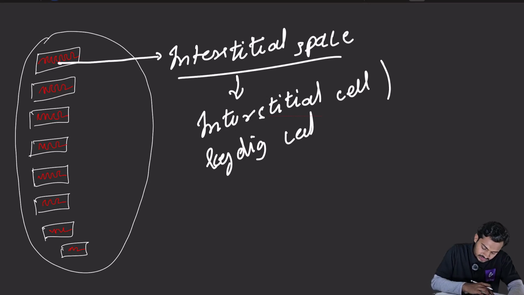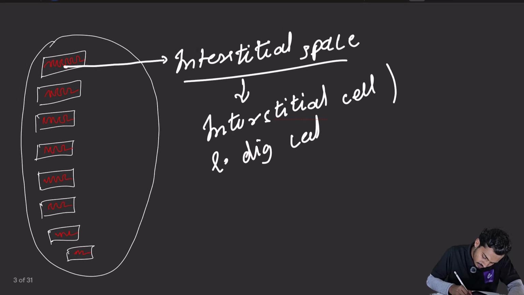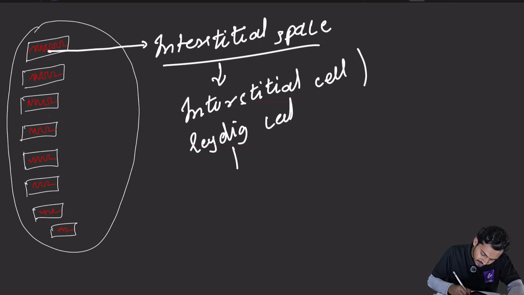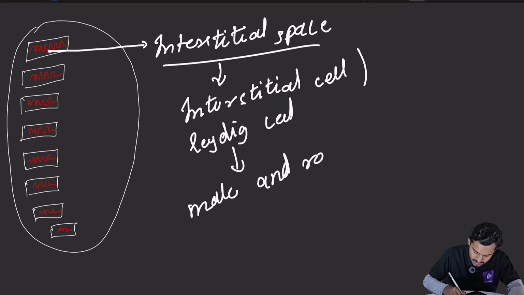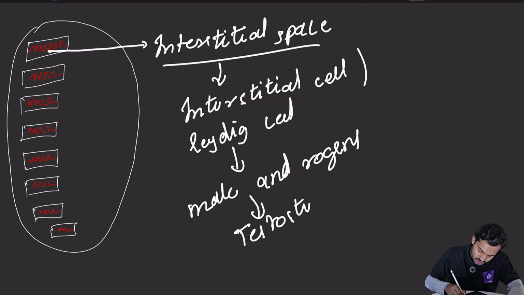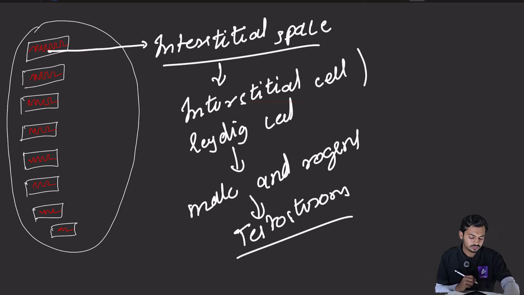Now this interstitial cells or Leydig cells, they secrete male androgens, especially testosterone. Understood? So आपने क्या देखा?